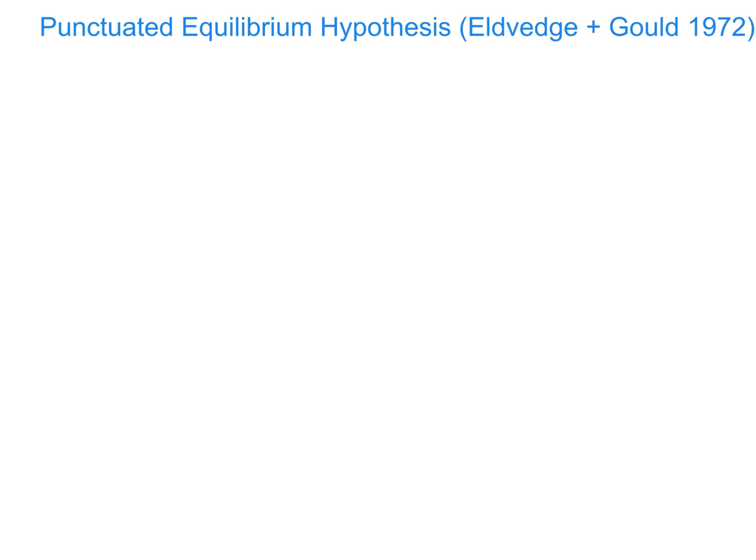Some other fairly new ideas about how evolution works have to deal with the levels at which, or what is natural selection operating on?